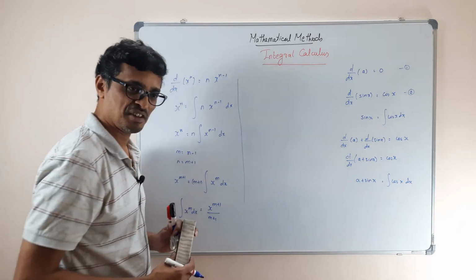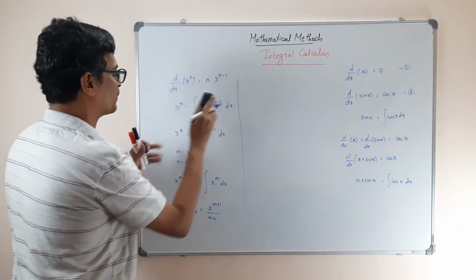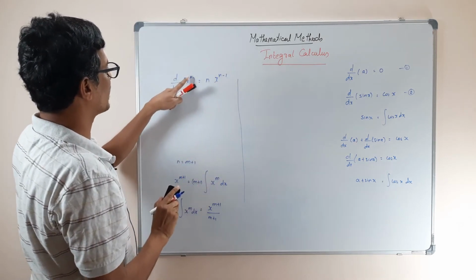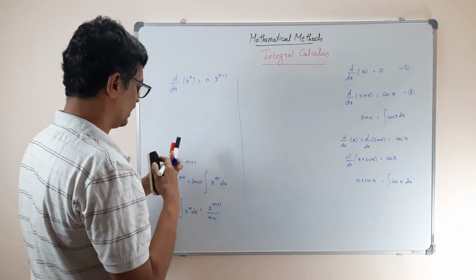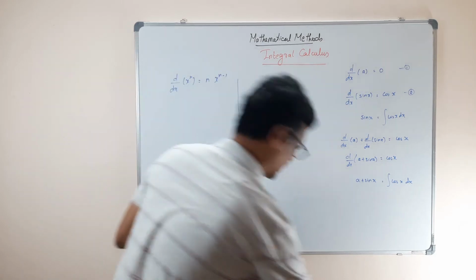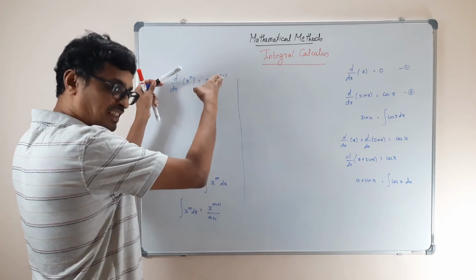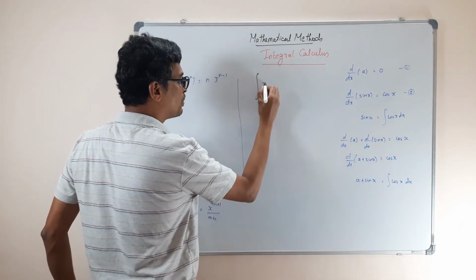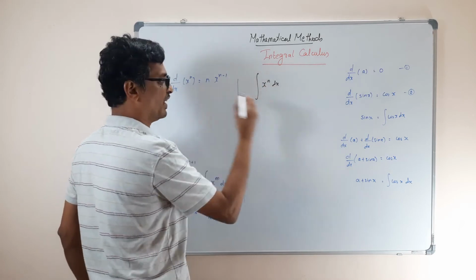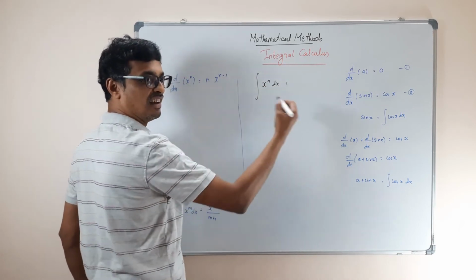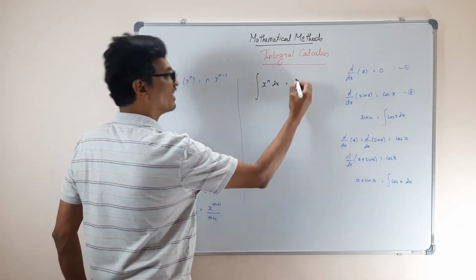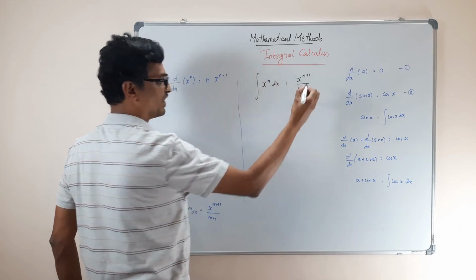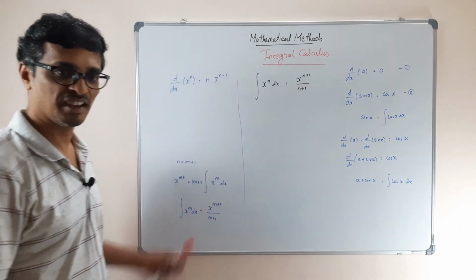So if d by dx of x^n is equal to n times x^(n-1), then since this is the formula, your antiderivative, the integration of x^n dx, the same thing I am writing, will be x^(n+1) divided by n plus 1.